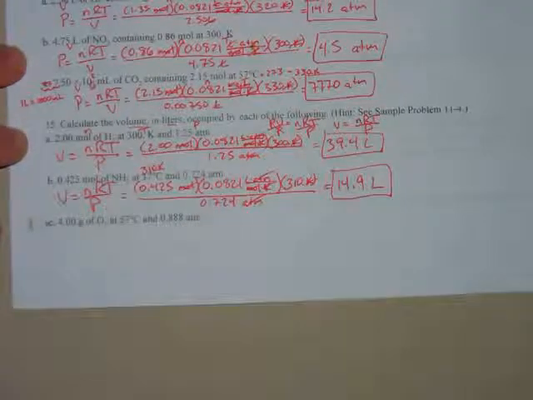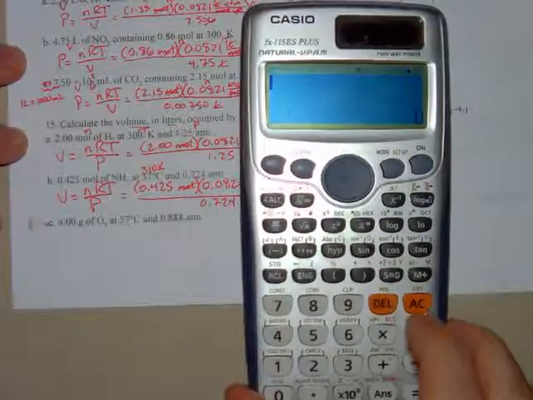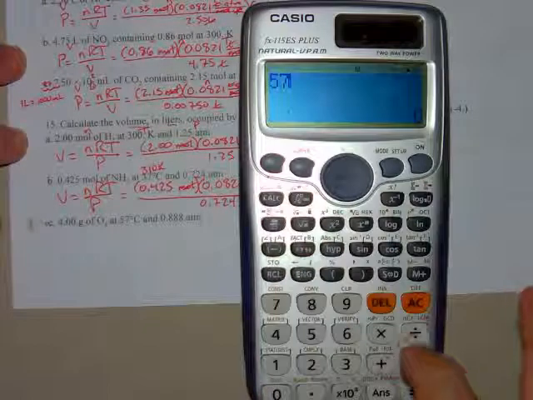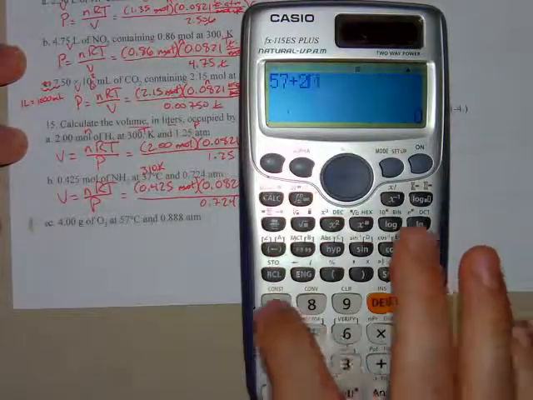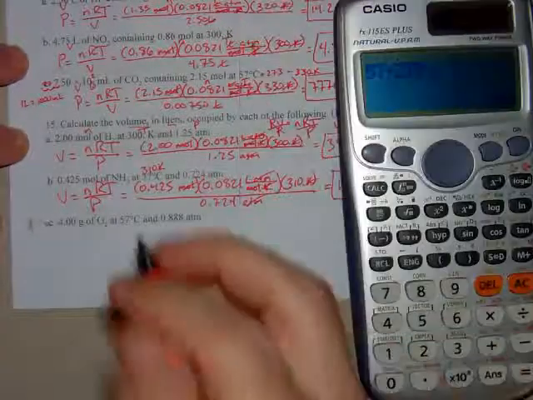I noticed that I'm given degrees Celsius again right there. I like to immediately get rid of those so I can just start doing my calculations downhill. So that 57 degrees Celsius plus 273 gives me a temperature of 330 Kelvin.